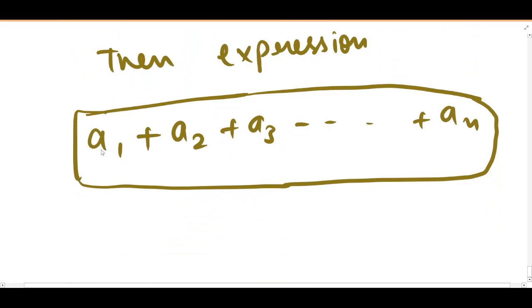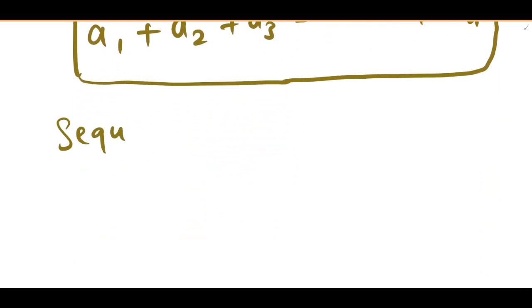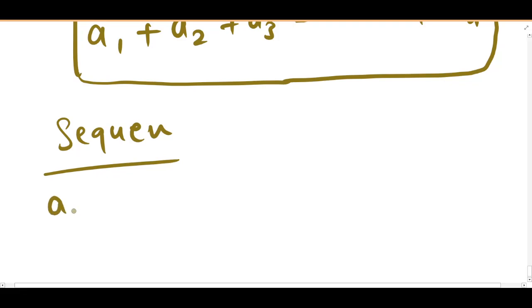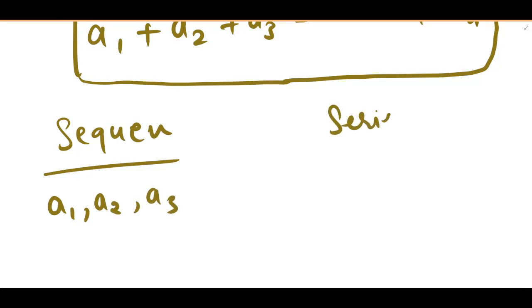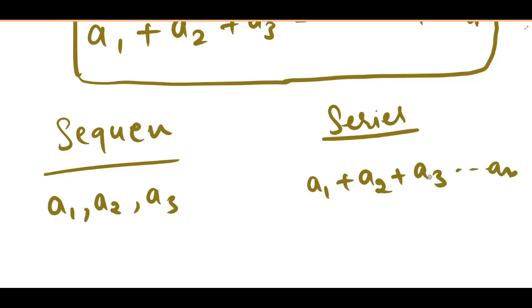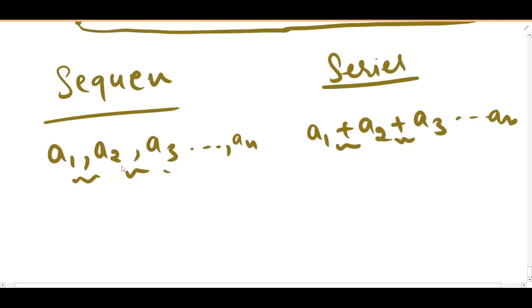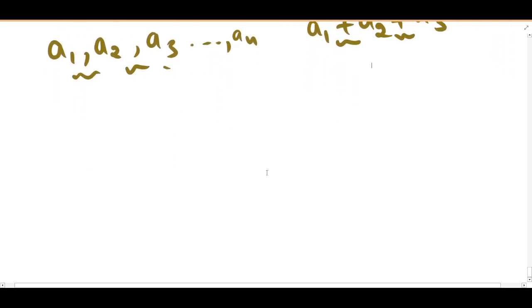In a sequence there is a comma between the terms, a1 comma a2 comma a3, and in a series we add a positive sign, a1 plus a2 plus a3 and an. So whenever the terms of a sequence are added, it becomes a series.